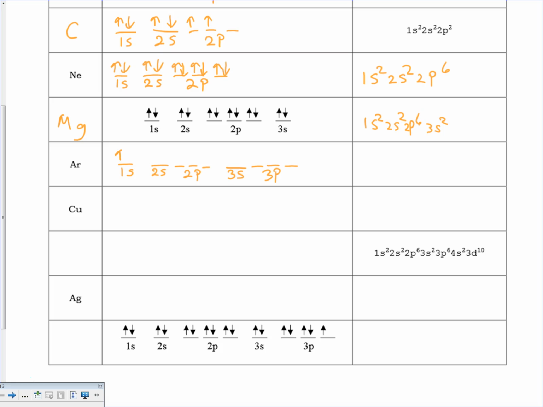We fill them all: up, down, down, up, up, up, down, down, down, and so on. So this one becomes 1s2, 2s2, 2p6, 3s2, 3p6.